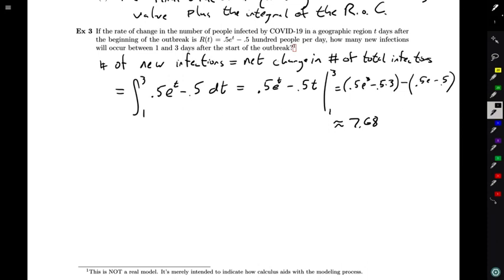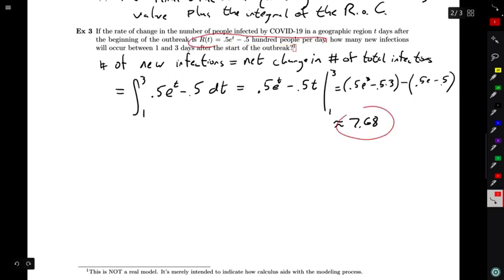Now, this number has some kind of context. It certainly has some kind of units associated with it. If we want to think about what the units are, the number of new infections is the thing that we're computing, so this really should be some number of people. Note, however, that the rate of change is given in terms of hundreds of people per day.